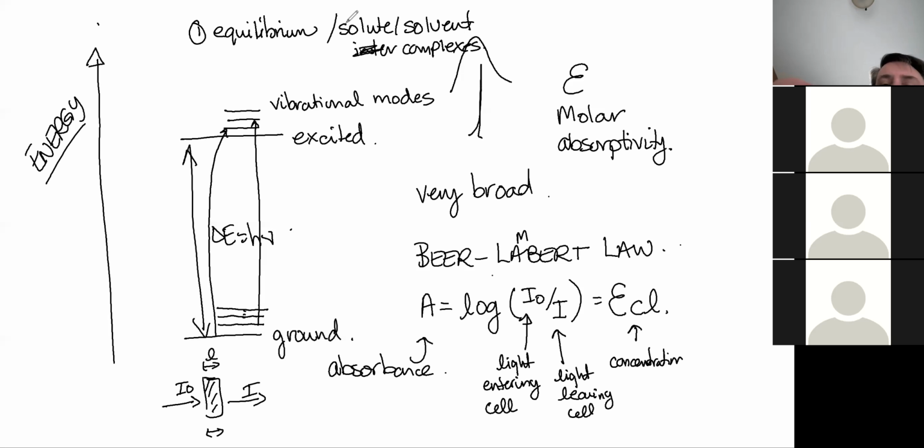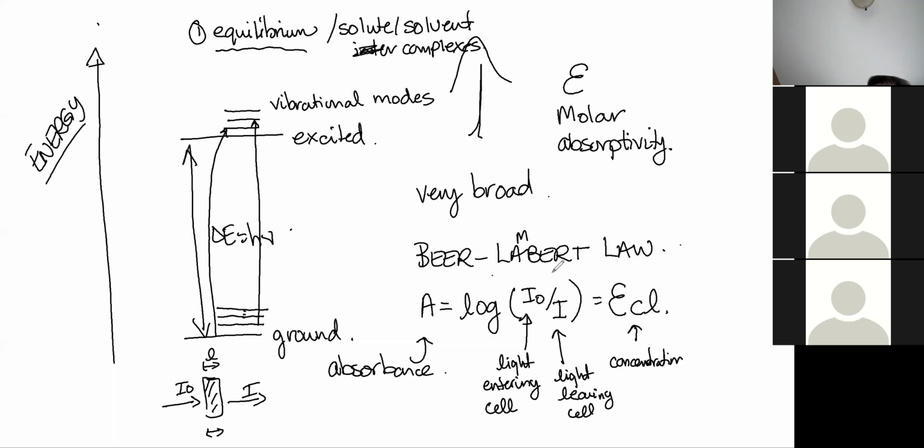So your sample's dissolved in the solvent. If your solvent forms some sort of complex, then this can mess up this law a little bit. For fluorescent compounds, it doesn't really work. Equilibrium seems to be the big stumbling block. But for most of the stuff, it's pretty rigorously obeyed.